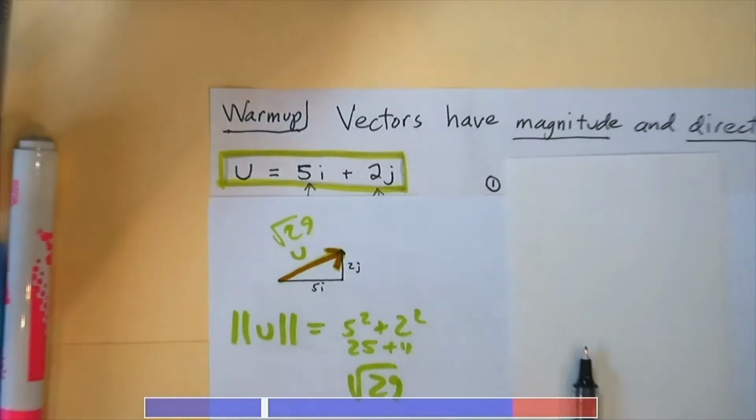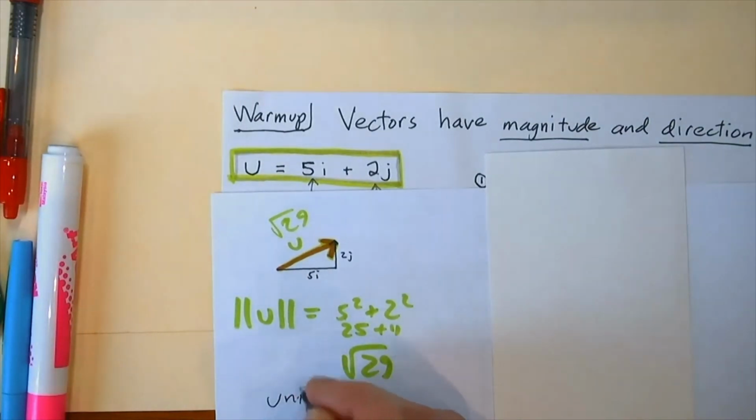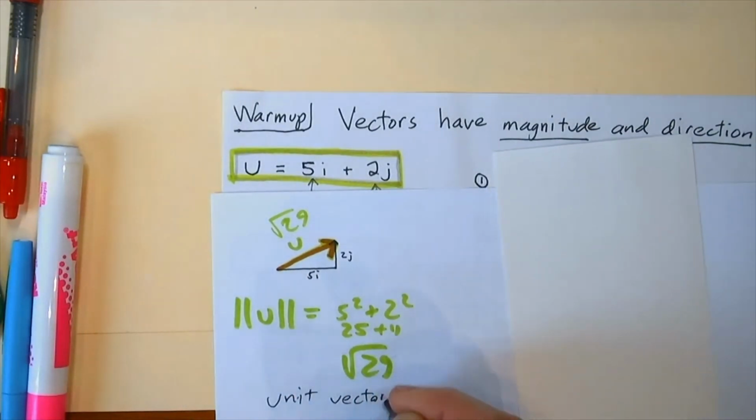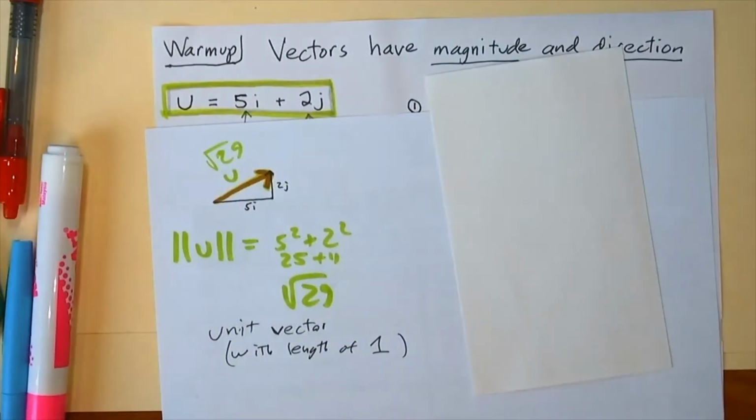But what if I said, I would like you to make a unit vector? A unit vector is a vector with length of 1. In other words, you're trying to fit it on the unit circle.